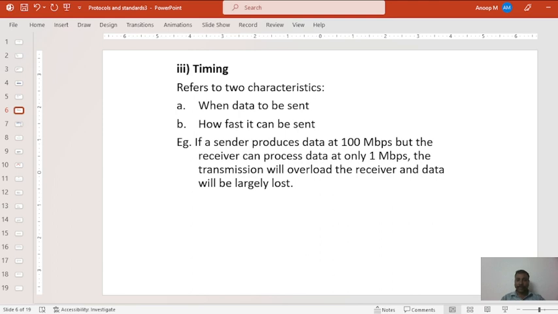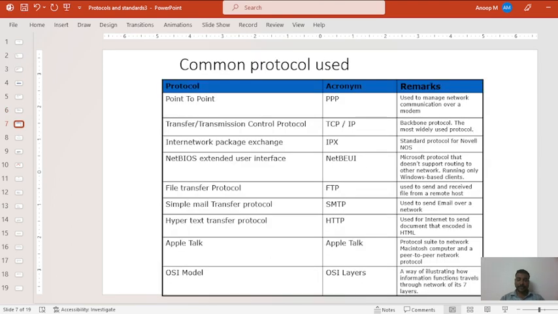The receiver cannot collect all this data at a time, so much of the data will be lost. Automatically, the data has to be resent by the sender in order to reach the destination. So protocols must consider syntax, semantics as well as timing.